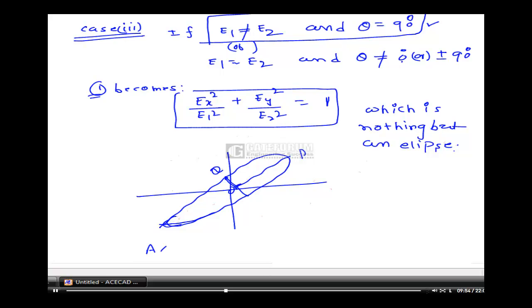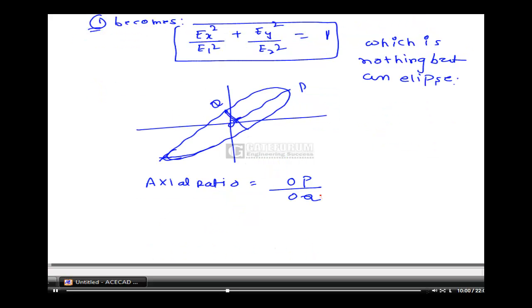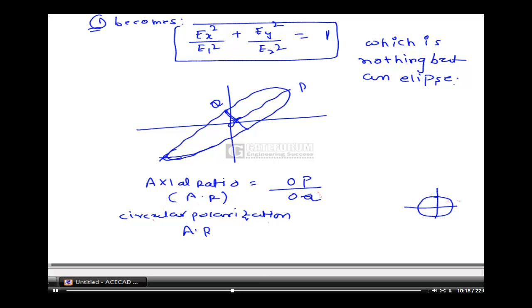Axial ratio means major axis OP by minor axis OQ. Suppose for circular polarization, what is the thing? Circular polarization means like this. Major axis is equal to minor axis. For circular polarization, what is the axial ratio? Axial ratio AR is equal to 1.